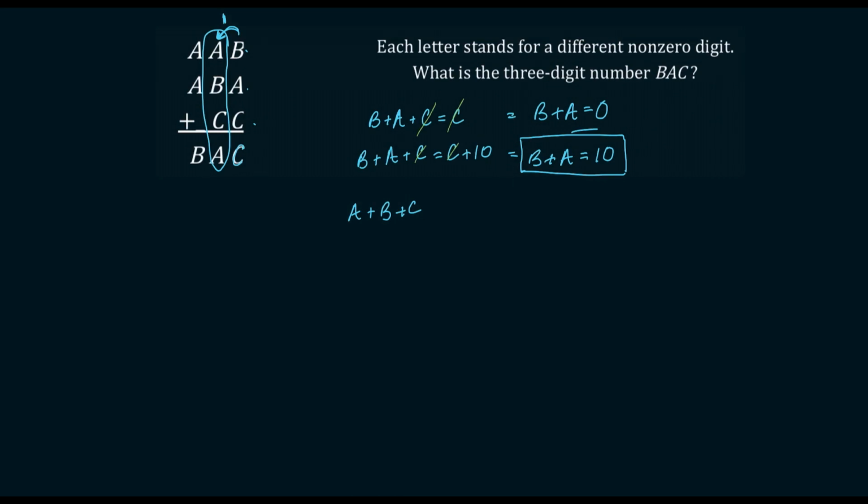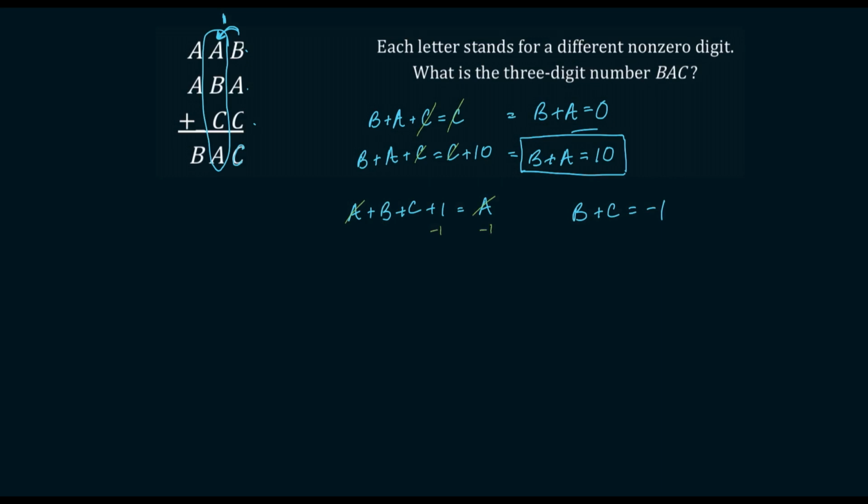So we need to add that 1 in here. And this looks like it's equal to A. Once again, this is impossible because we can cancel out the A's, and we can also subtract 1 from both sides. And what we get is B plus C is equal to -1. Of course, this can't be.